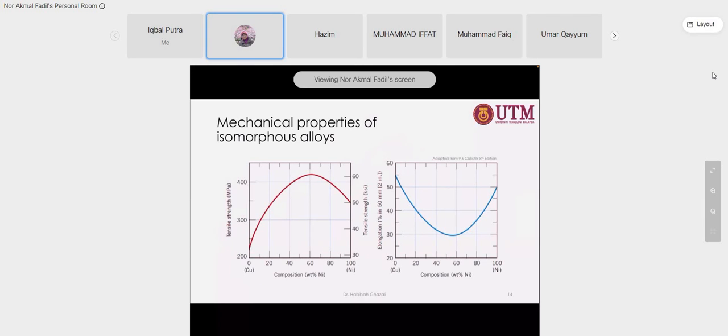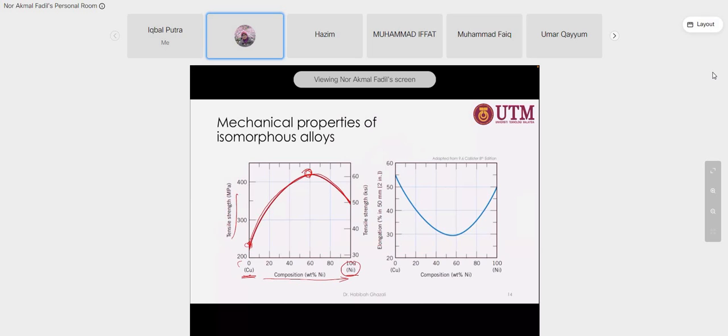The mechanical properties will change with the composition of the alloy, for example copper and nickel. If you add nickel to copper, you can increase strength. Pure copper is very soft, but if you add nickel, you can increase it to a maximum. But the tensile strength will reduce if you put in too much nickel.